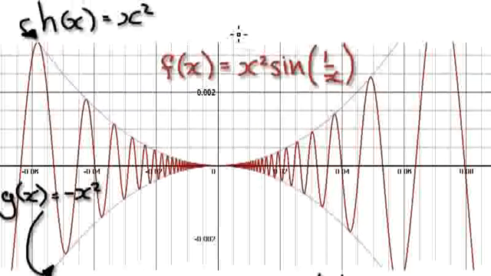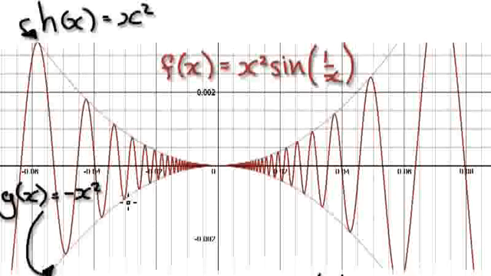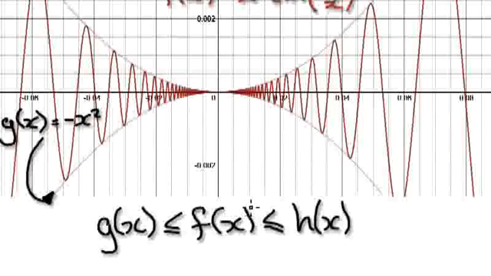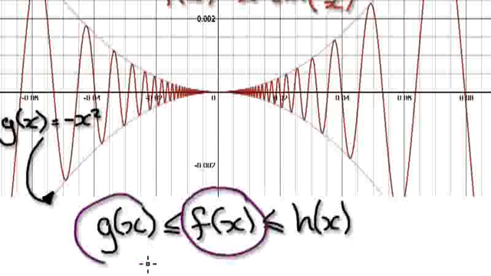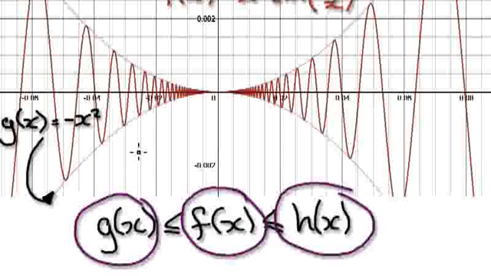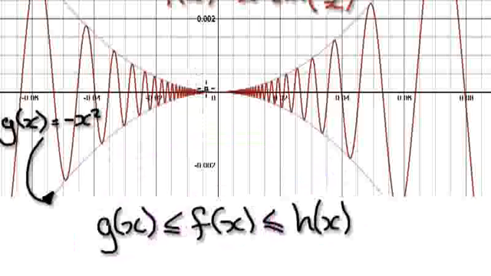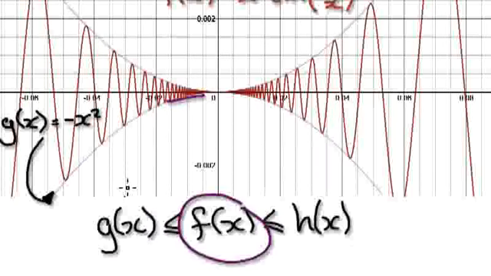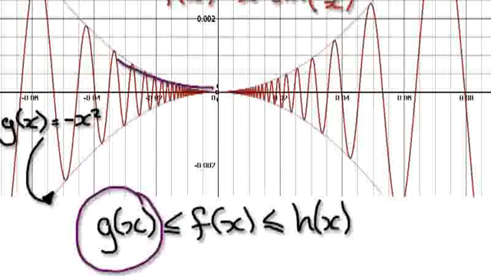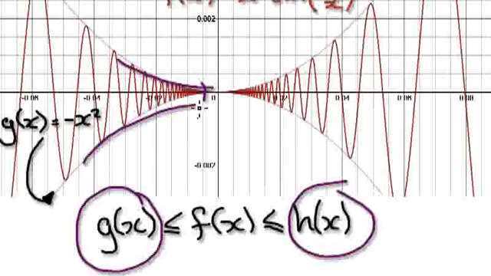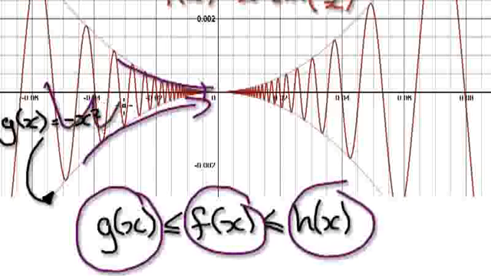I will elaborate more on this next time, but the idea is that if you're told that a function is in between this one and this one here, and if this one is heading towards a certain point, and this one is also heading towards the same point, which is in this case 0, then because this is in between the two, it must also head towards 0.